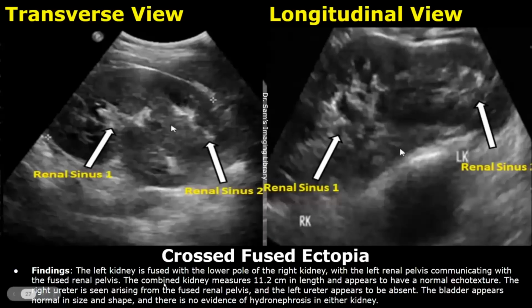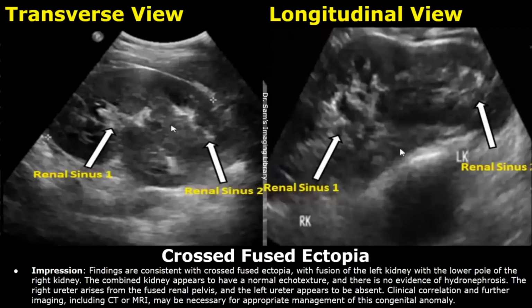The combined kidney measures 11.2 centimeters in length and appears to have a normal echo texture. The right ureter is seen arising from the fused renal pelvis, and the left ureter appears to be absent.